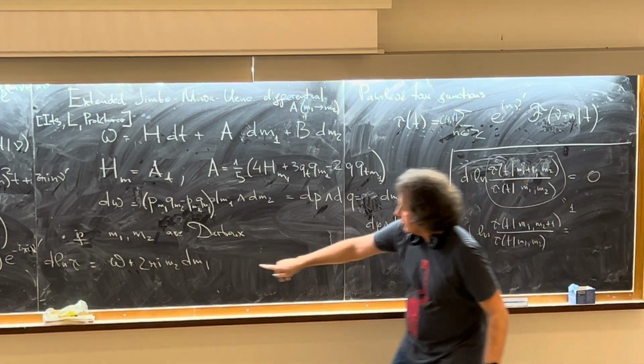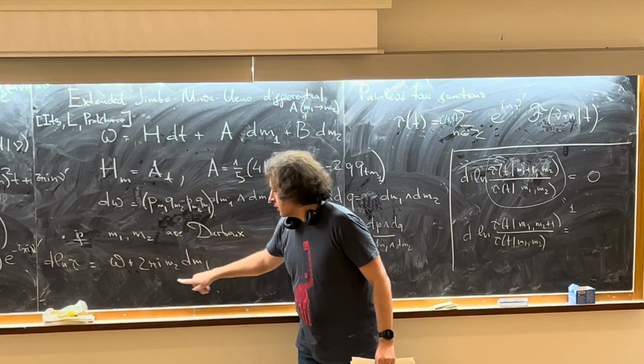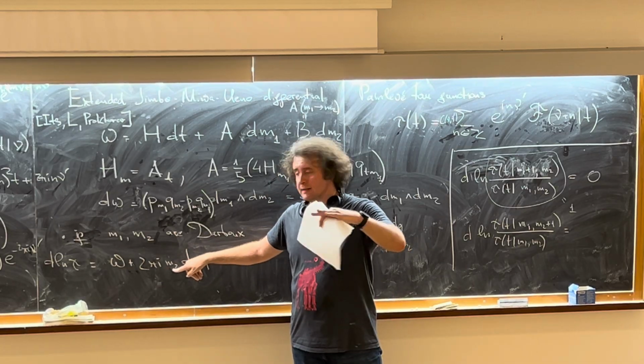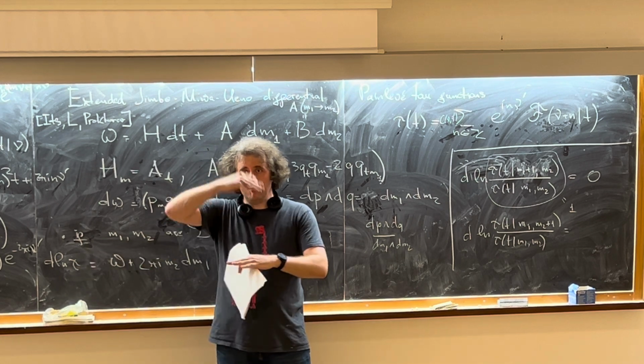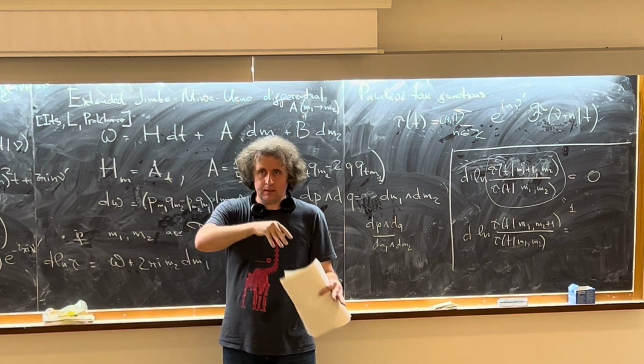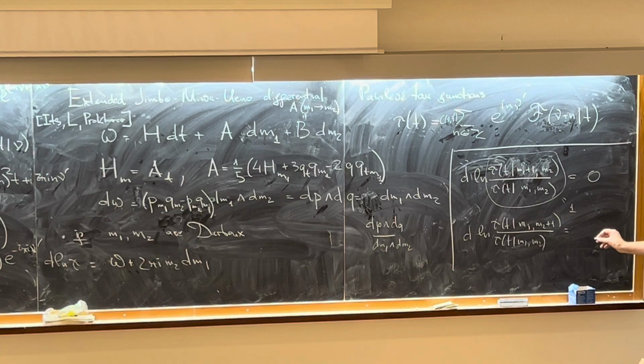So here, on the other hand, you will have some remnant of this correction term. So this is basically the abstraction for the logarithm of the tau function being periodic in m1 and in m2. Okay, so what we get here is the exponential of just 2 pi i dm1, right?